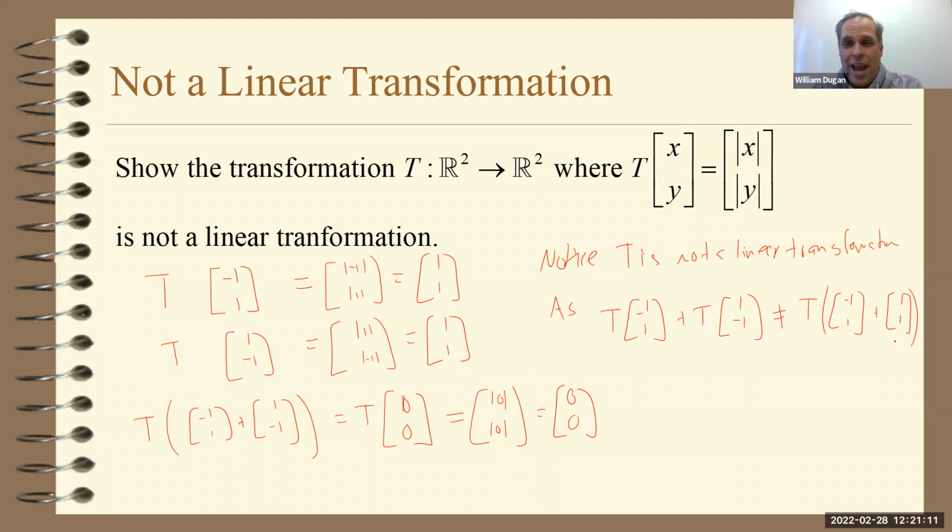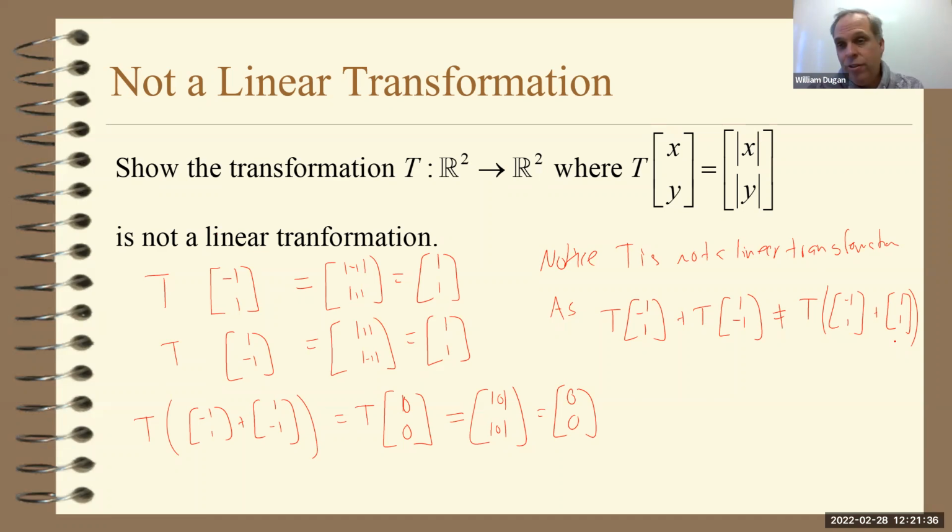Pretty much, if you see any kind of operations on the components of the input vector that are not linear, like if you're squaring the x, or cubing the x, or taking x times y somewhere, the result is incredibly likely to be not linear. So it's usually pretty easy to see that it's not linear.